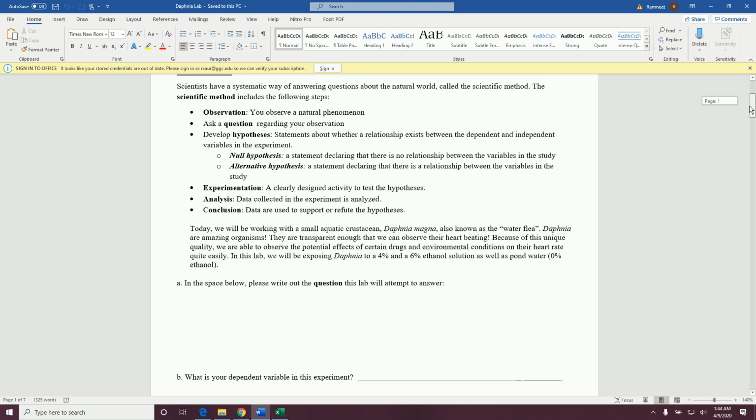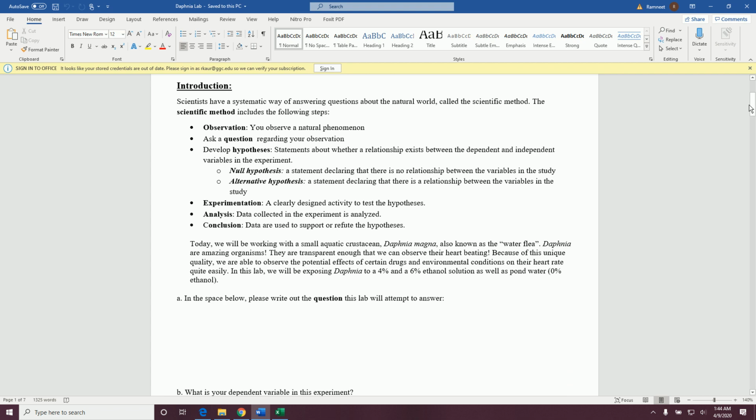The only thing I would like to add in the scientific method is the hypothesis. There are two kinds of hypothesis. One is a null hypothesis, another is an alternative hypothesis. The null hypothesis says that there is no relationship between the two variables you're trying to study in an experiment, and it's always opposite to what we're trying to study.